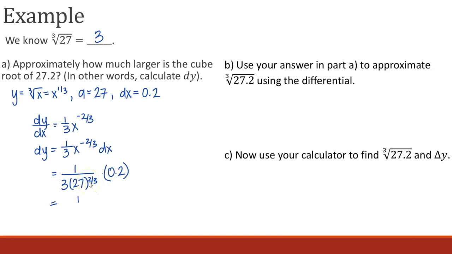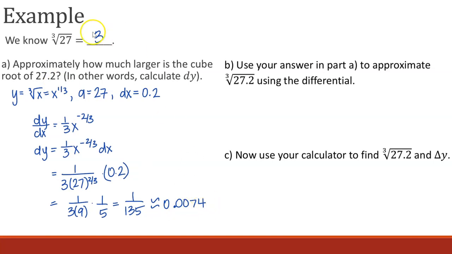So we have 1 over 3 times 9, and then 0.2 is 2/10 or 1/5. So if we multiply this all out, we end up with 1 over 135, or approximately 0.0074. So it looks like if we change the input of the cube root function from 27 to 27.2, the output is going to change by 0.0074.